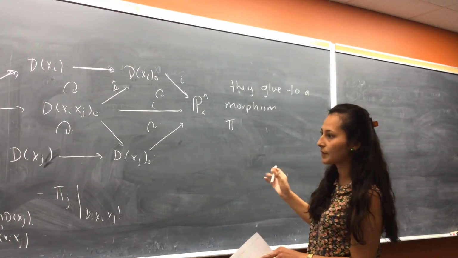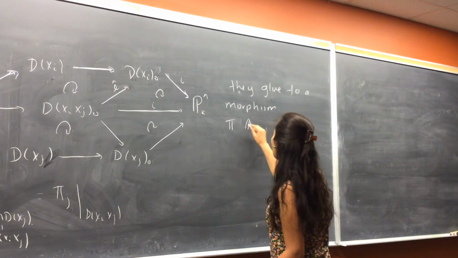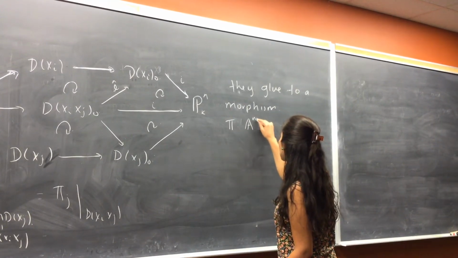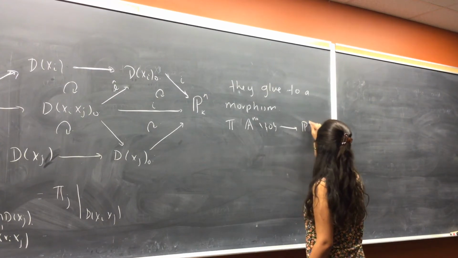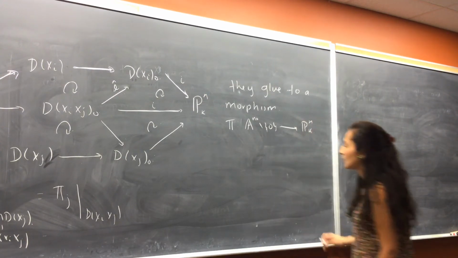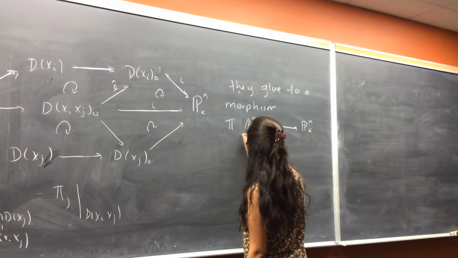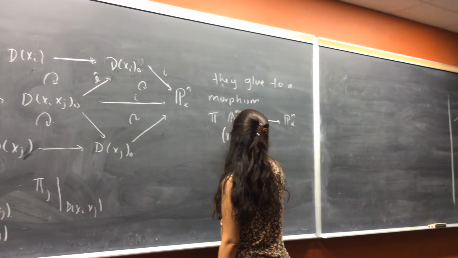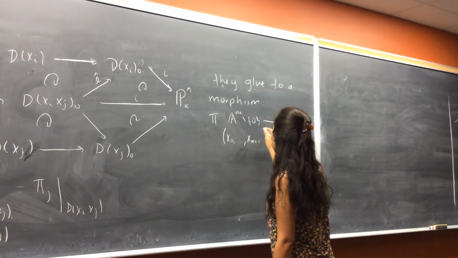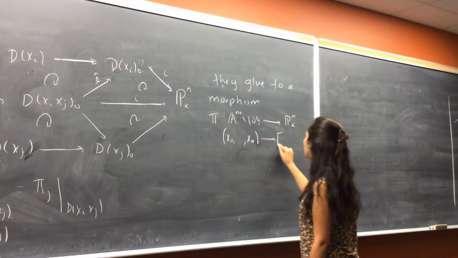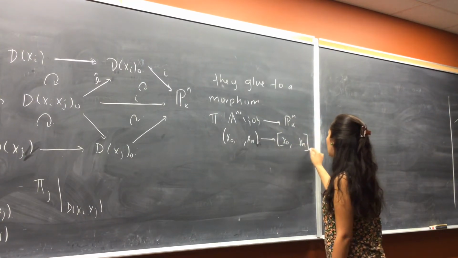When you glue all of them, remember that they make a cover for A^(n+1) minus 0 to P^n_k. Moreover, you can say how this morphism acts: it sends the tuple (x_0, ..., x_n) to the element [x_0 : ... : x_n].